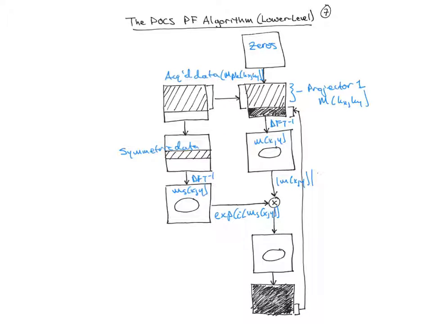So this is a unit magnitude image that has the phase of the low resolution image. You multiply that by the magnitude of the current image estimate.